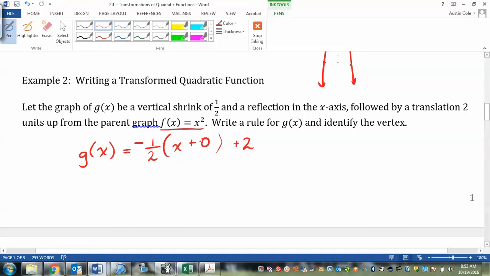Now, we don't need to include the plus 0, and I forgot my squared because it is a quadratic. So let's just get rid of that 0. So if I get rid of the 0, then there's really no need for the parentheses. So I'm going to have x squared plus 2. So our function g of x is negative 1/2 x squared plus 2.